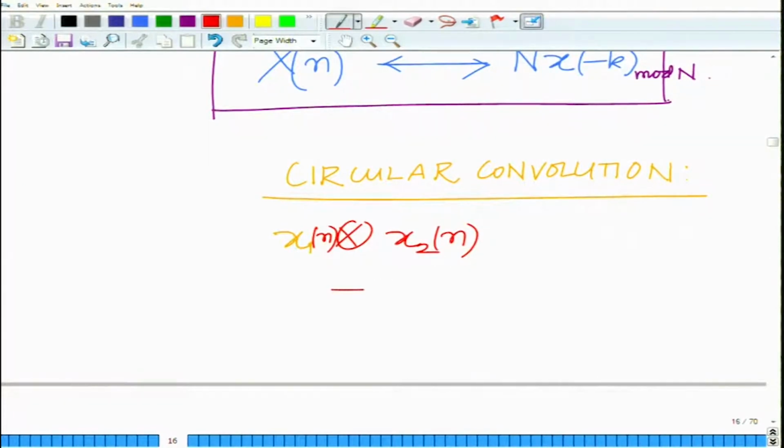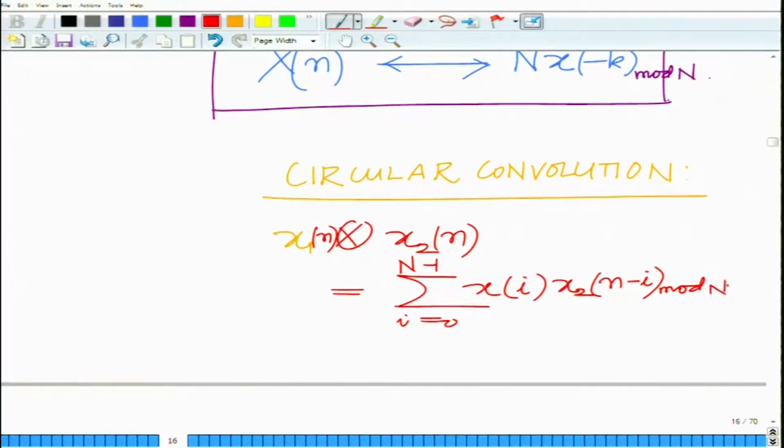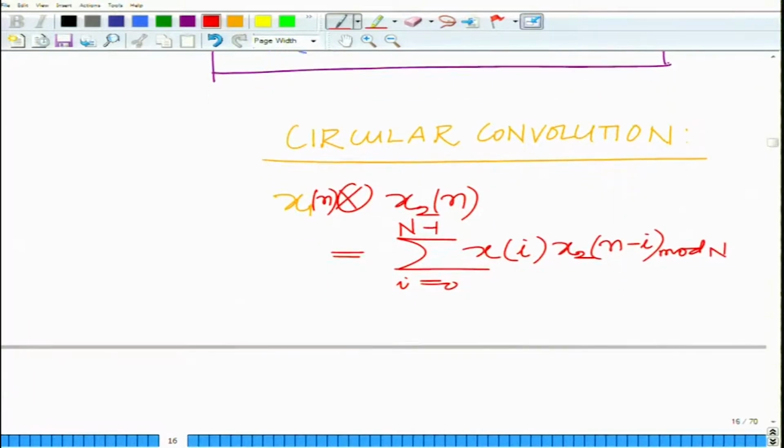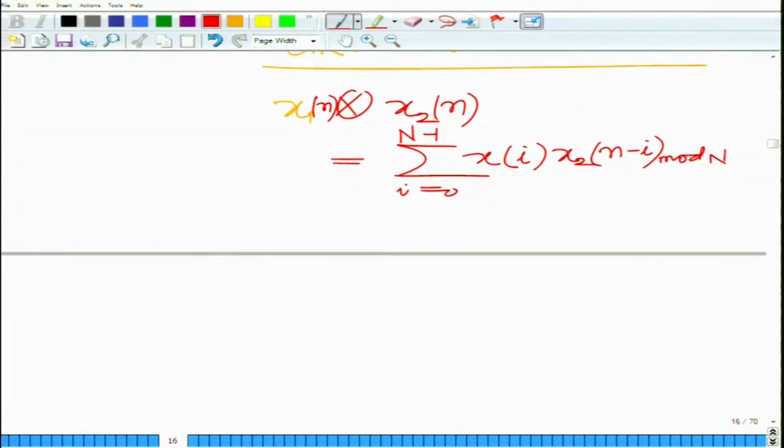This is basically equal to summation i equal to 0 to N minus 1 x 1 of i x 2 of n minus i, but the n minus i has to be interpreted modulo N.